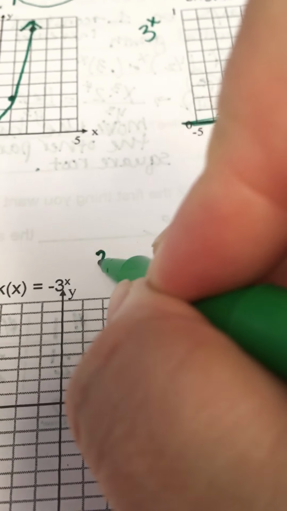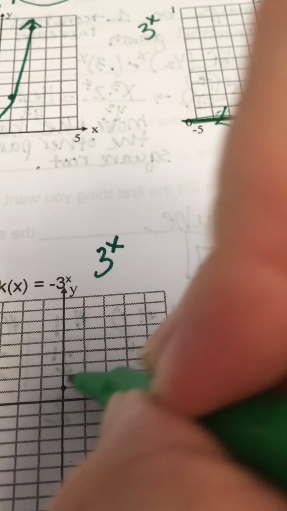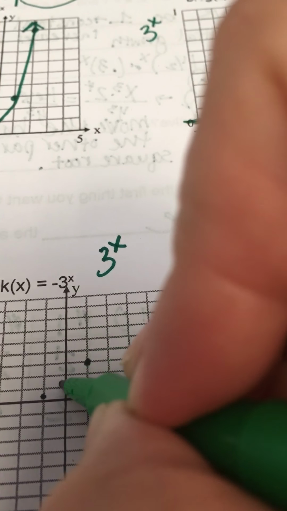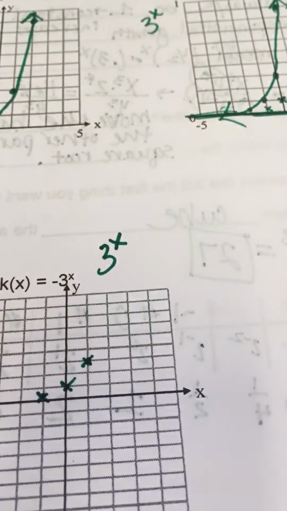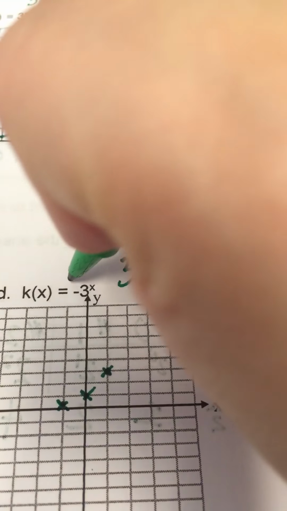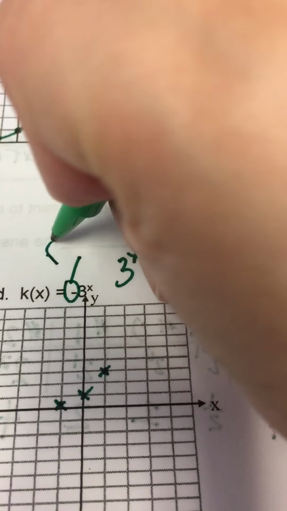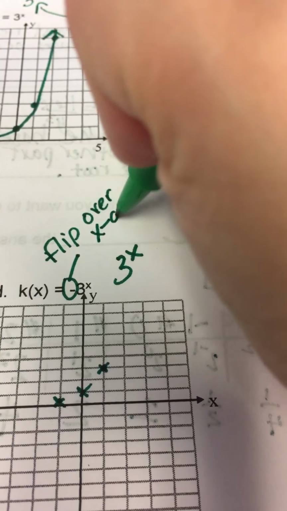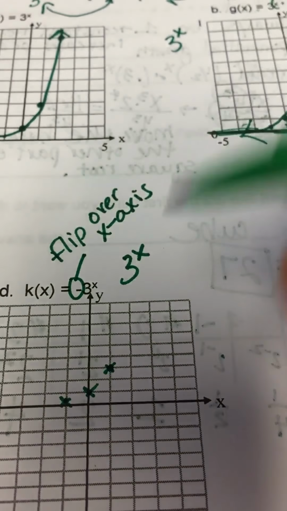Alright, so we're still working with 3 to the x. So when I'm asking you to graph these, the initial points you're starting with stay the same as the growth curve. Now the negative in front means it's going to be a reflection or flip over the x-axis. So the y values are changing.